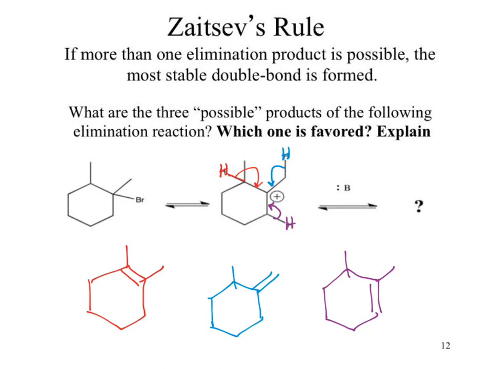Deciding that, we want to look at how many substituents are on each. So we identify the carbons of our double bond, and we look at the atoms attached to those carbons. Okay. If they are not hydrogen, that counts as a substituent. So if we go through on the red one, there is 1, 2, 3, 4 substituents. If we look at the blue one, there's only 1, 2. If we look at the purple one, 1, 2, 3 substituents.